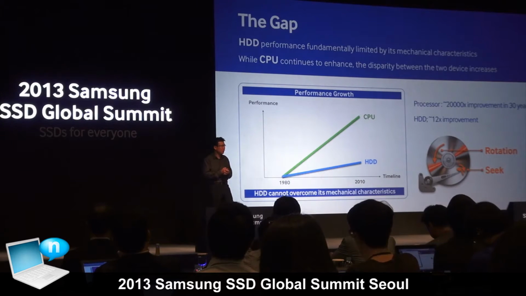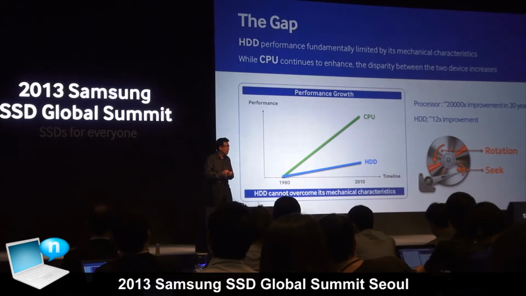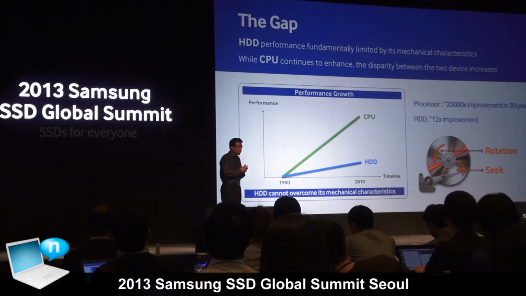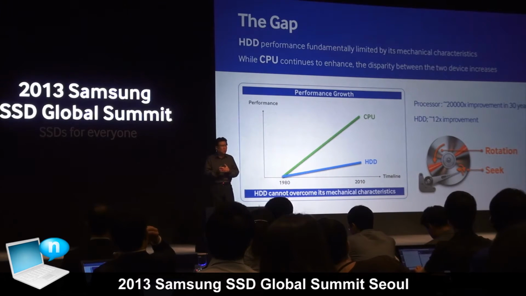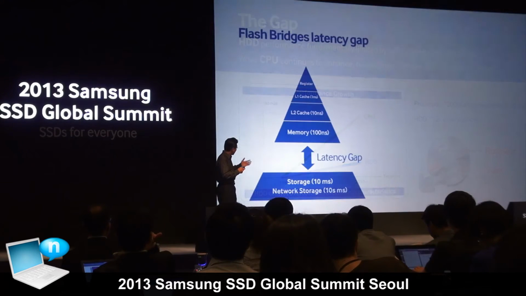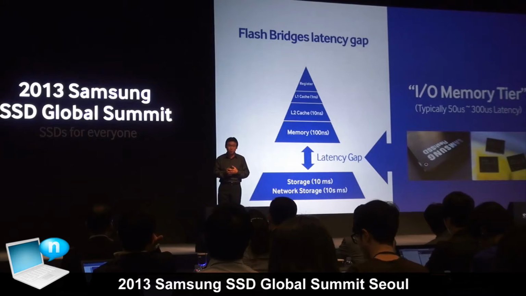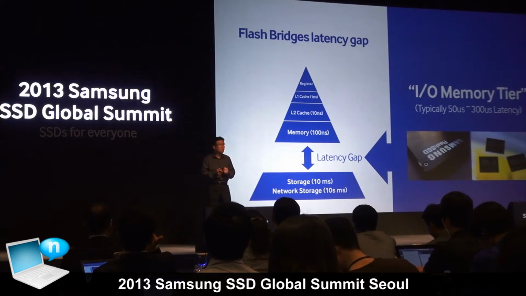Because of this huge performance gap, user experience has gotten really worse, and tools were needed to mitigate it. Flash memory storage has been really successful in bridging this performance gap.